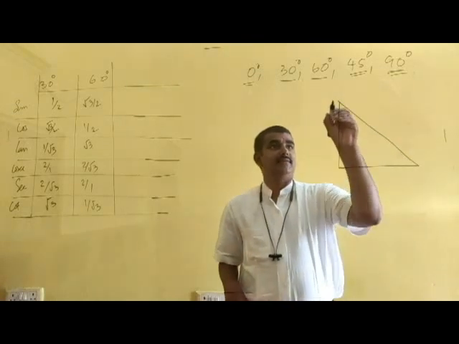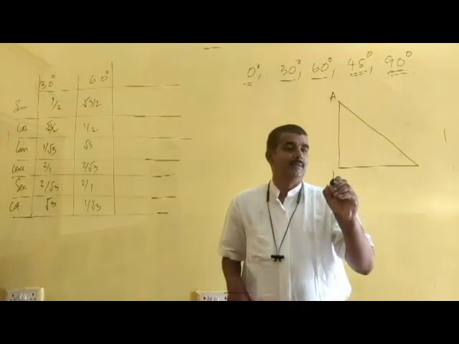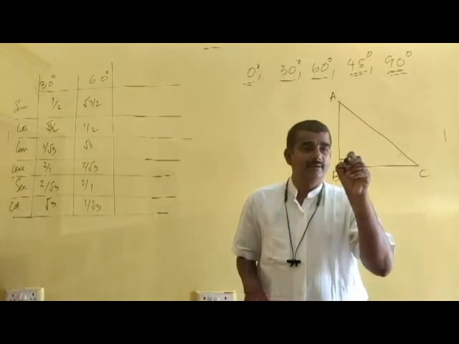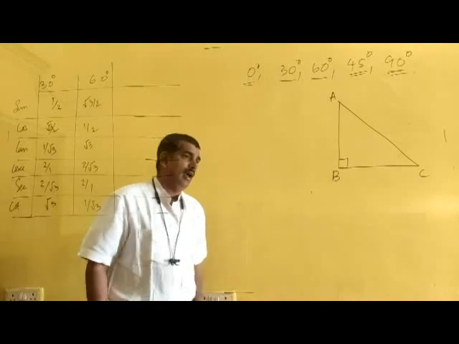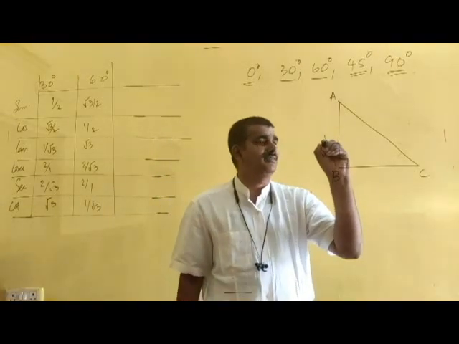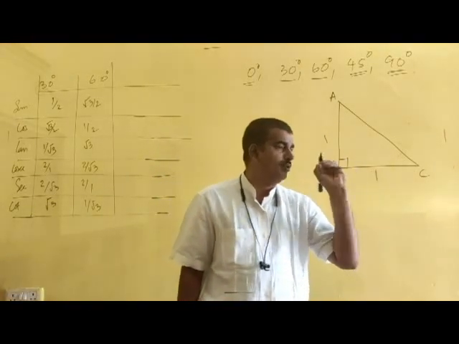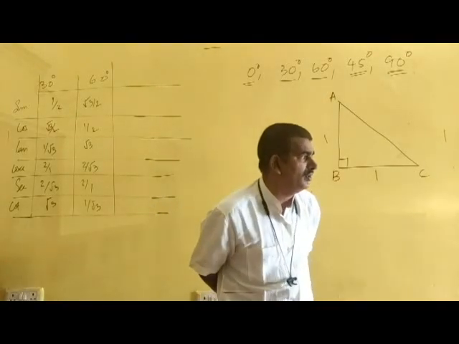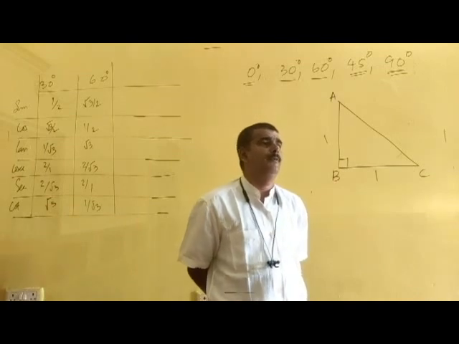Let us consider this is an isosceles right angled triangle, right angled at B. Isosceles means if this is 1 unit, this also should be 1 unit. Other than the hypotenuse, both sides should be equal.